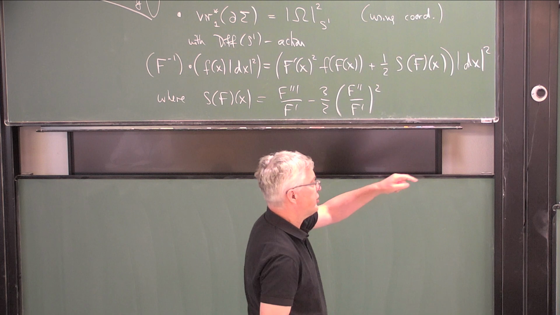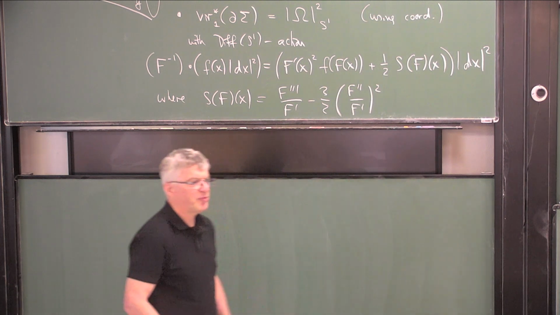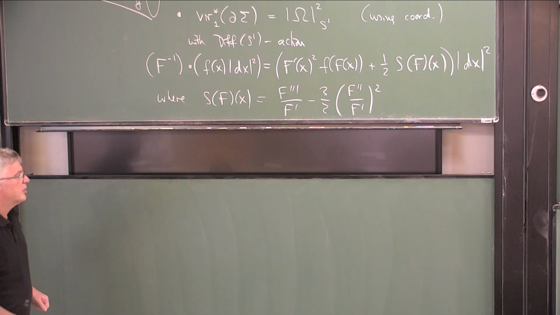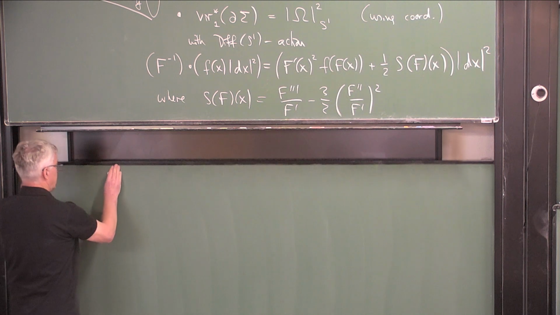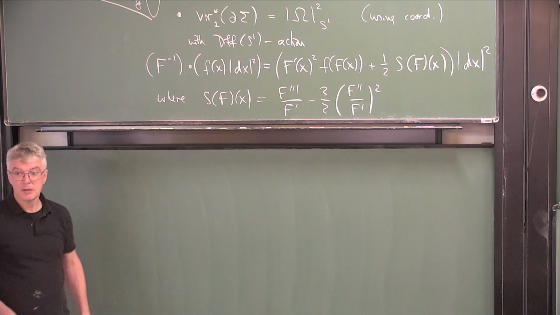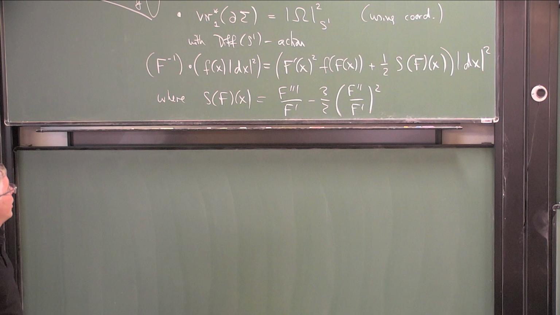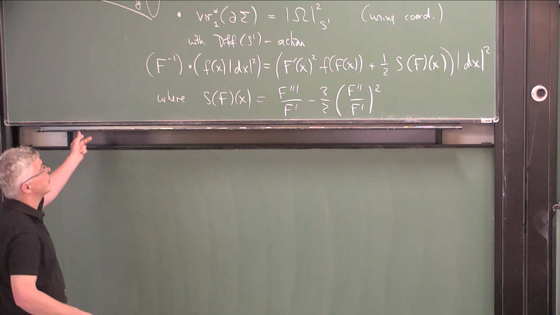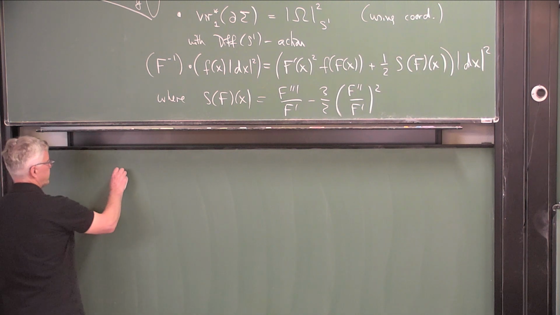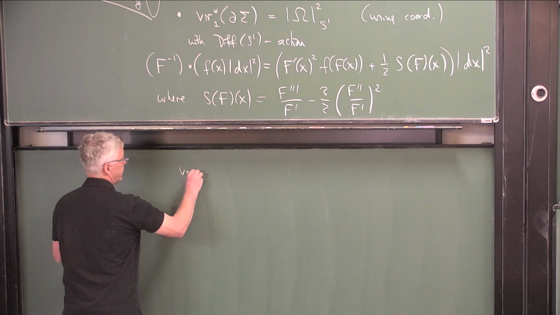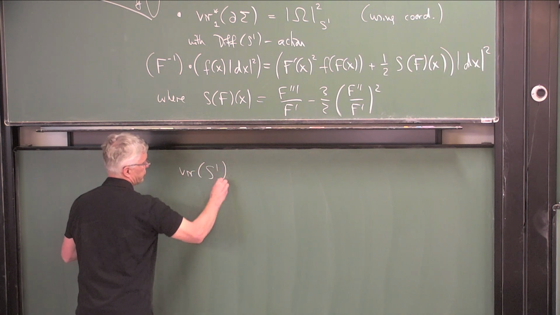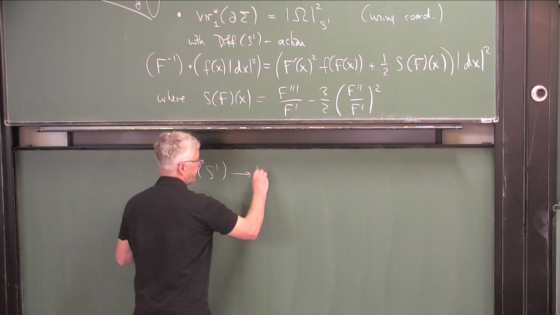Our second result is actually an explicit description of the moment map. Excuse me, what is the meaning of subscript 1 in Virasoro? Oh, subscript 1, yeah, so the Virasoro algebra is the central extension of the Lie algebra of vector fields on the circle.